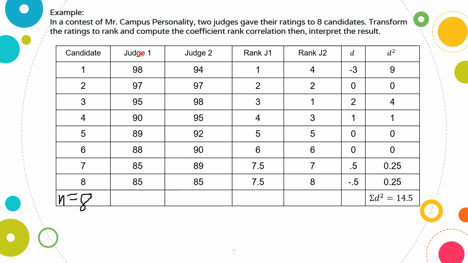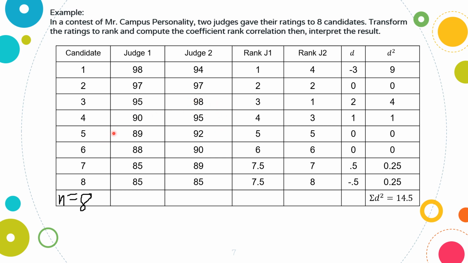Okay. So, in here, for the first candidate, Judge 1 gave 98 and Judge 2 gave 94. For the second candidate, Judge 1 gave 97 and so with Judge 2. For candidate number 3, Judge 1 gave 95 and Judge 2 gave 98. For candidate number 4, 90 for Judge 1, 95 for Judge 2.